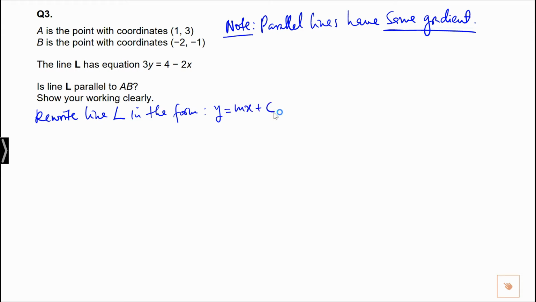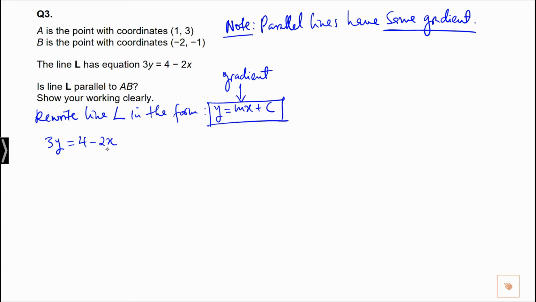And the reason is because when you do that, m represents the gradient of the line, and that is the parameter that we are interested in here. If we can determine the gradient of this line, then we'll be able to know whether these two lines are parallel. So starting with line L, we have 3y equals 4 minus 2x.